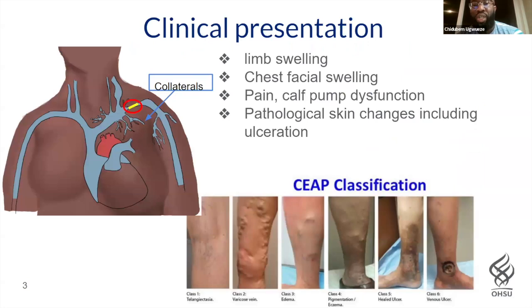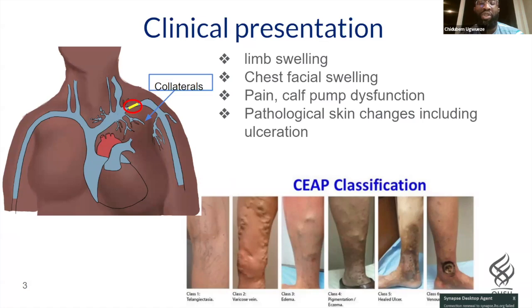Pretty straightforward. Most clinical symptoms come directly from the obstruction and venous hypertension. If you have venous occlusion, the blood return to the heart is impeded, and you create increased pressure peripheral to that occlusion.